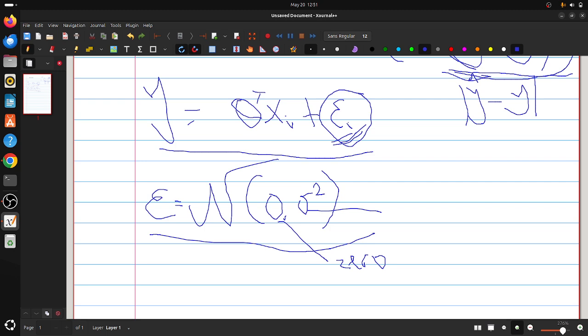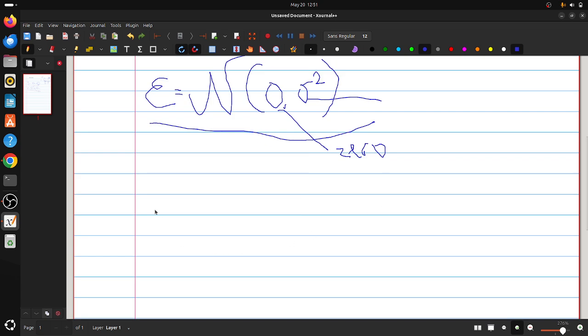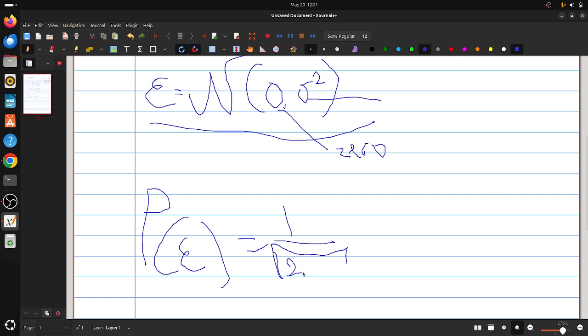Having said that, since the error term follows a normal distribution, its probability density function is given by 1 over the square root of 2 pi sigma, exponent of negative error term squared over 2 sigma squared.